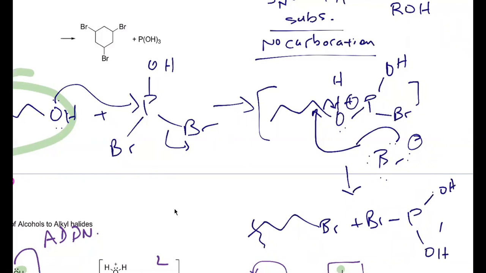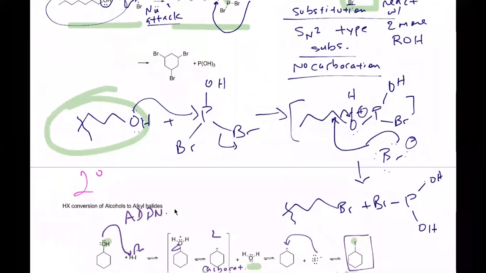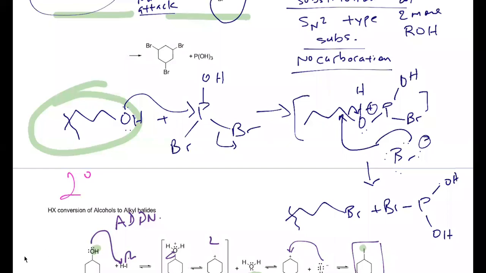Is that right? Could you zoom out real quick? For the one you just drew, you got it from the second one? Yes. And then if you notice right here, I got one last bromine left, so I can do it again on another alcohol.